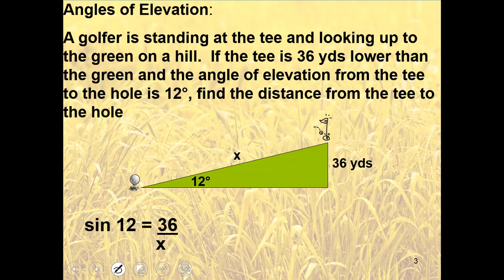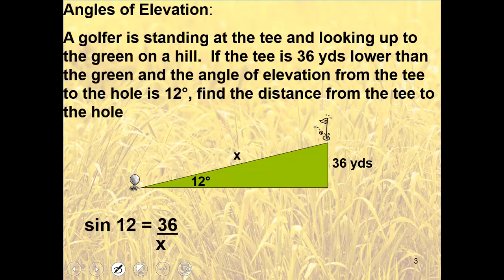So let's say we have a golfer who is standing at the tee and looking up to the green on a hill. So the green is above him, higher than him, and he's trying to figure out the distance between him and the tee.